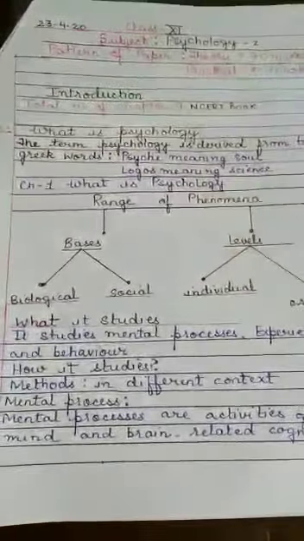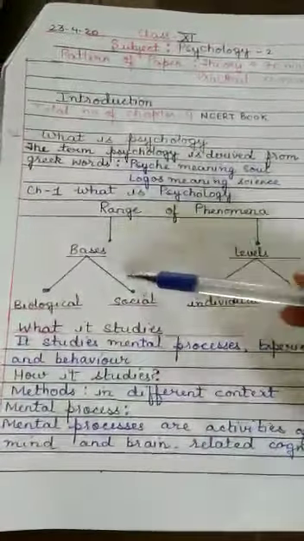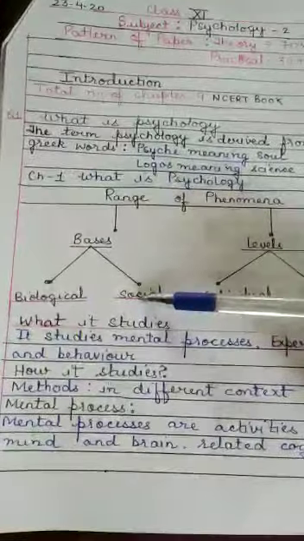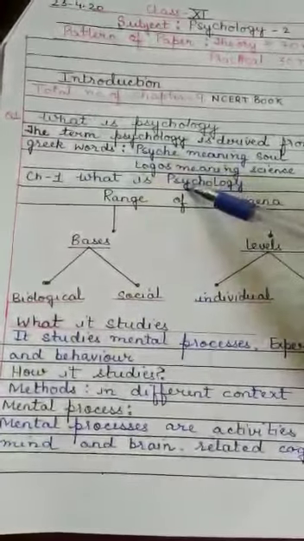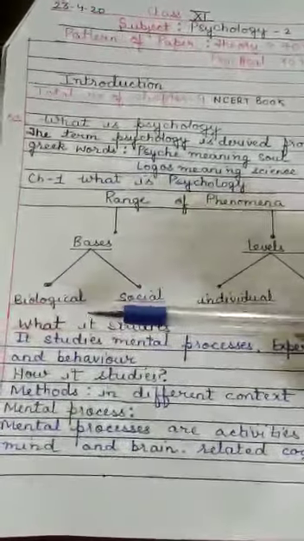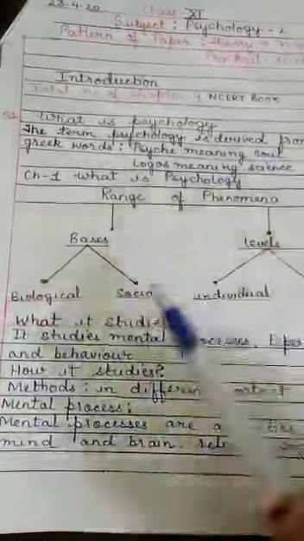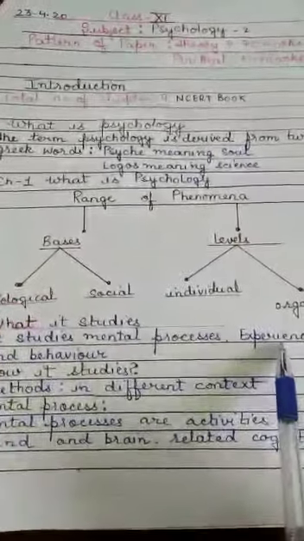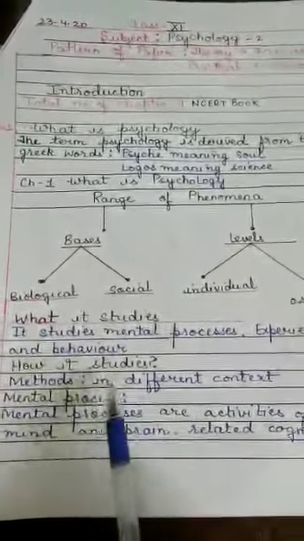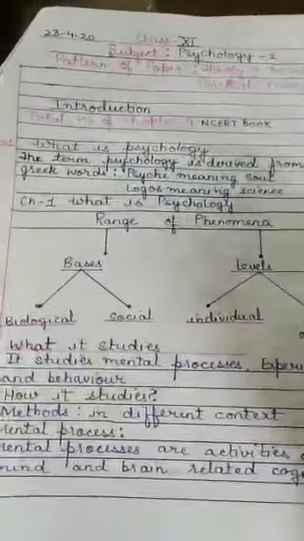This subject tries to study a range of phenomena, with biological and social bases. These are the two important bases of human behavior. So it studies individual behavior through biological constraints and social ones. It studies mental processes, experiences and behavior, using methods like psychological testing.